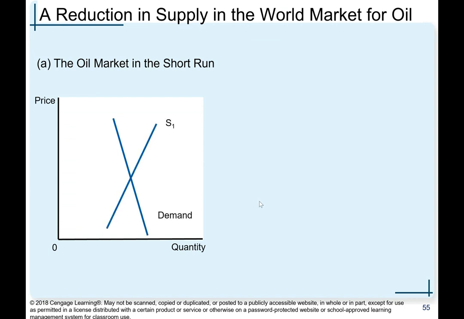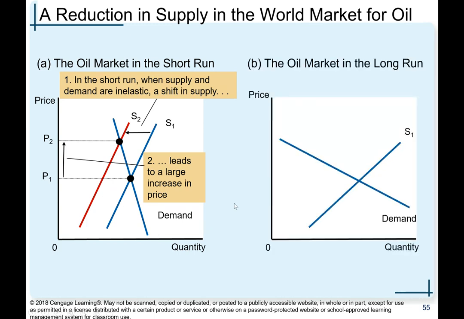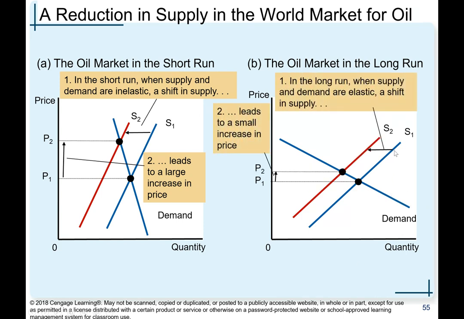A reduction in supply in the world oil market. The oil market in the short run looks like this in the diagram. In the short run, when supply and demand are inelastic, a shift in supply will lead to a large increase in price. OPEC countries make a lot of money at that point. In the long run, when demand and supply are both elastic, you can see demand is fairly flat and supply is fairly flat.